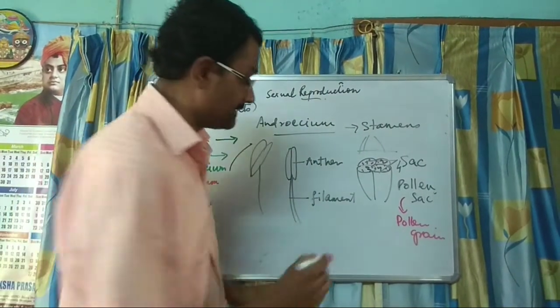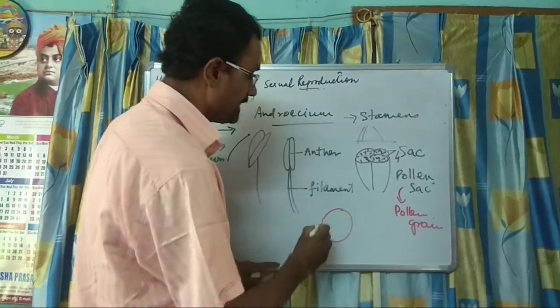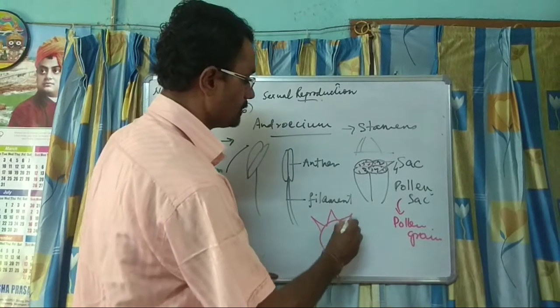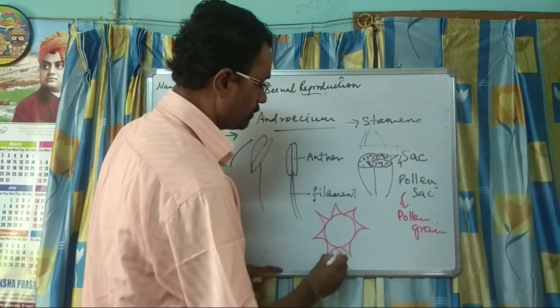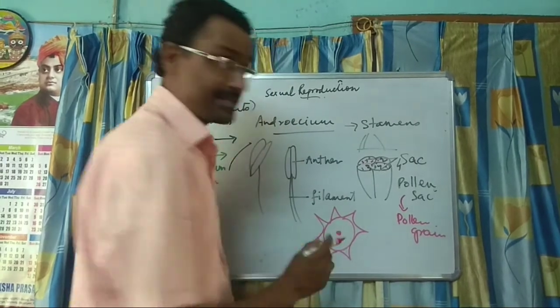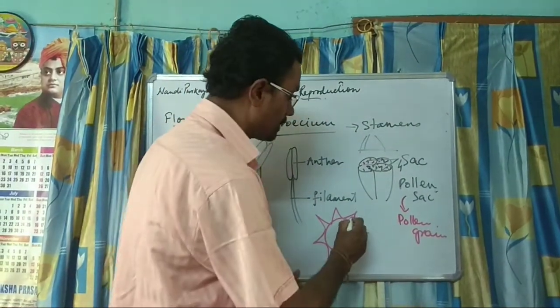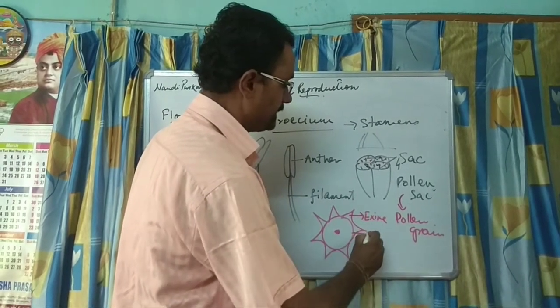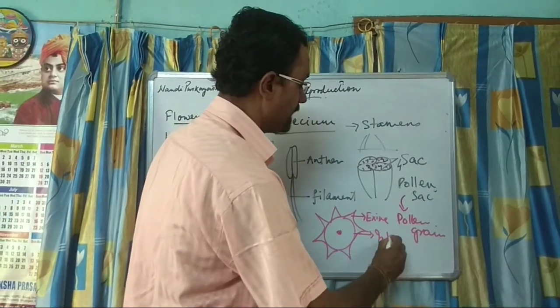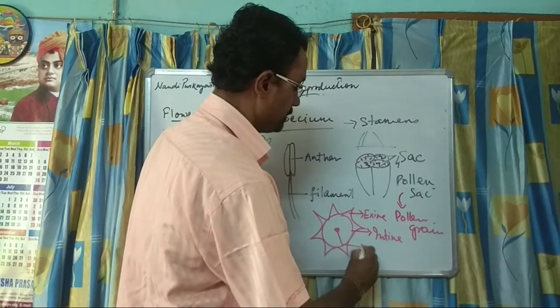How does it look? Just have an idea. This is a pollen grain that I have drawn for you. A pollen grain has an outer layer called exine, E-X-I-N-E, an inner one called intine, and a nucleus.